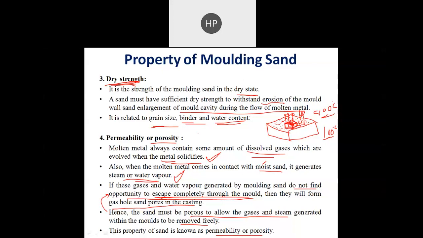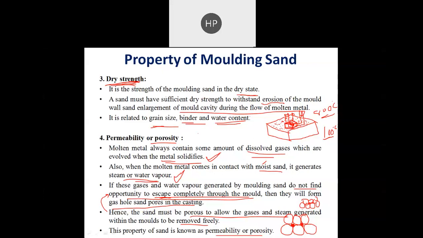This porosity is controlled by the size of the sand grains. Suppose we take a large grain size; then, as we know, there is a gap between the sand particles. Instead, if we take small particles, the gap between the sand particles is very small, meaning the porosity is less.